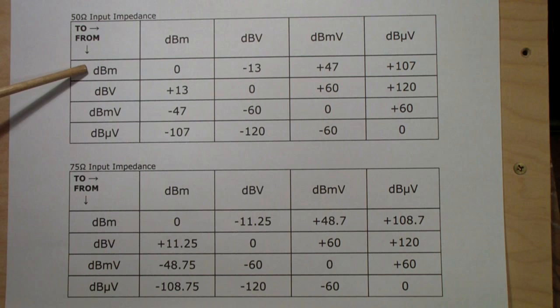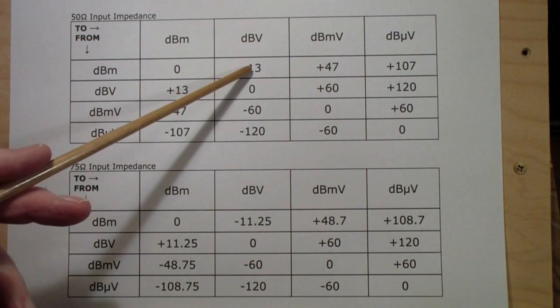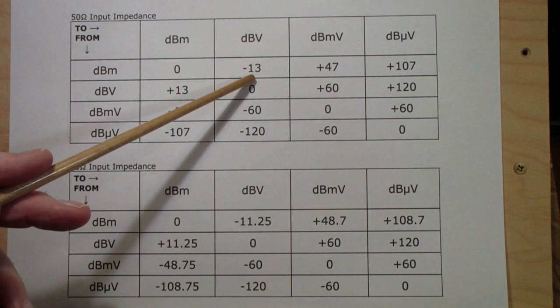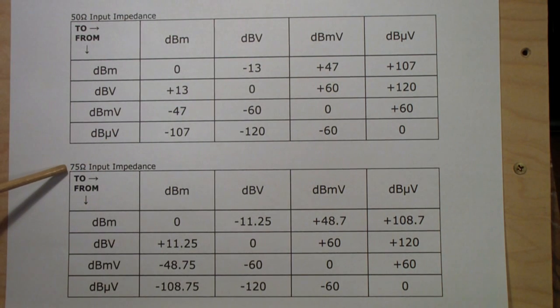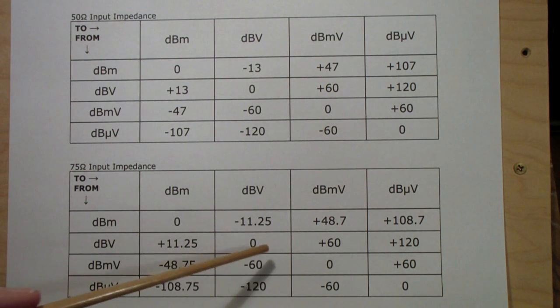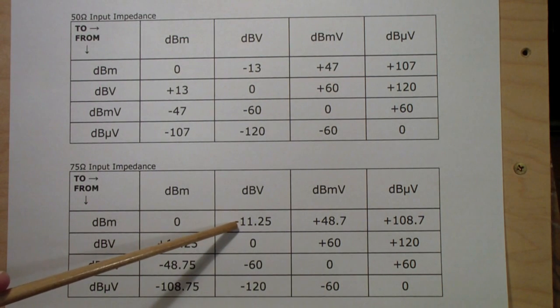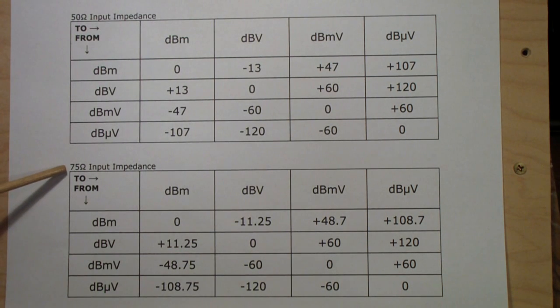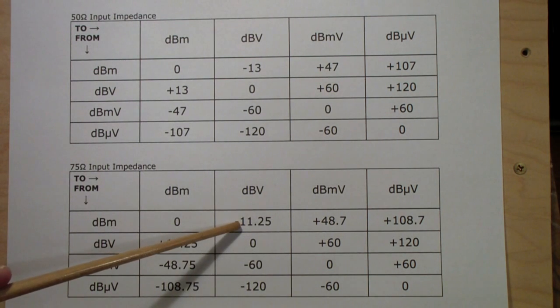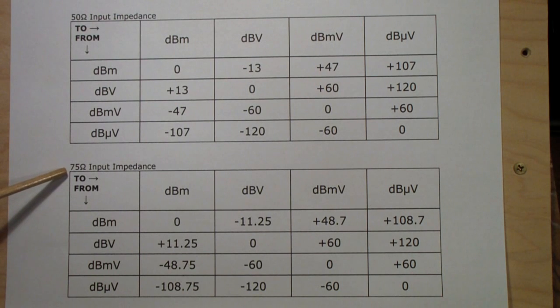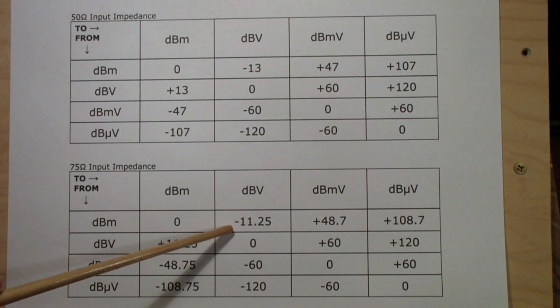So if, say, you had 13 dBm, that would mean 0 dBV. Similarly, for the 75 ohm case, notice that the factors are different. And obviously the reason is that, remember, power is E squared over R. So if you change R, you're going to change the power measurement. So in a 75 ohm impedance, you only have to subtract 11.25.